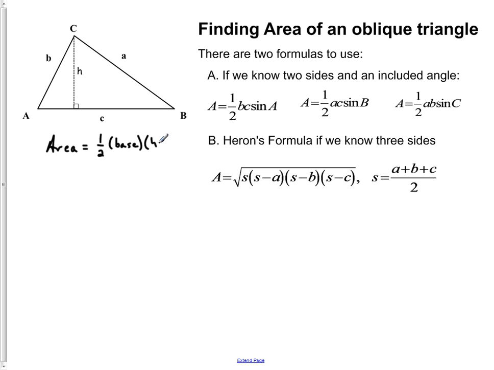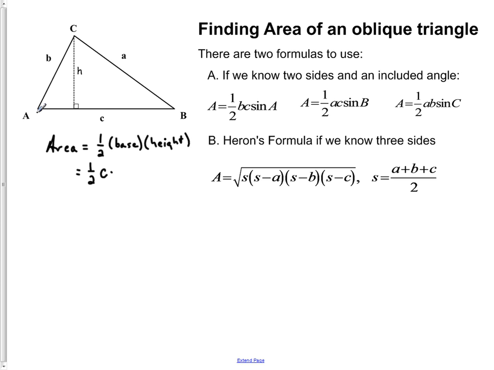So we think about, well, what is the base and what is the height of our triangle? Well, in this case, it's actually very easy because the base is side C, at least the way I have it outlined right here.